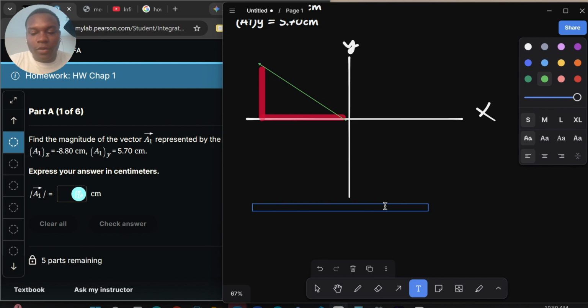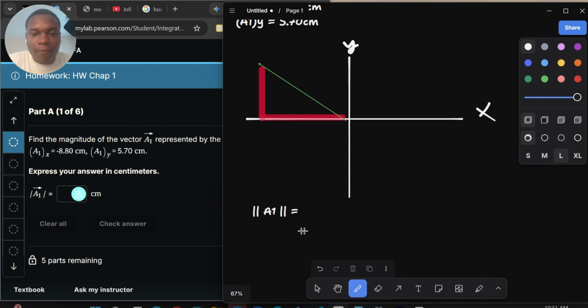So the magnitude of vector A1 is going to be equal to the length of its x component squared plus the length of its y component squared, and take the root of those two.